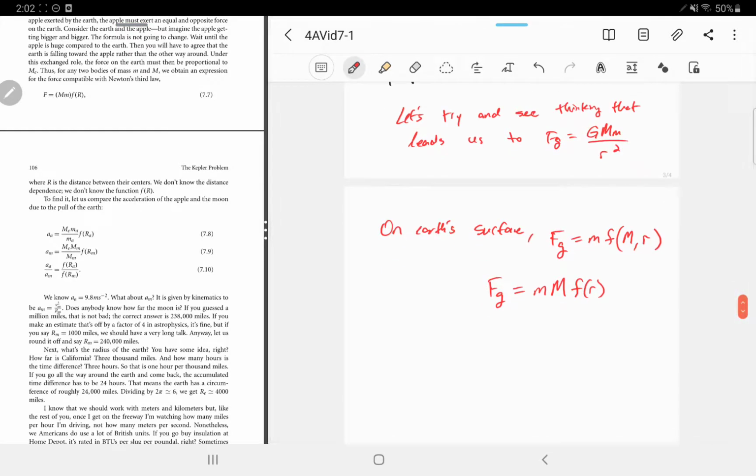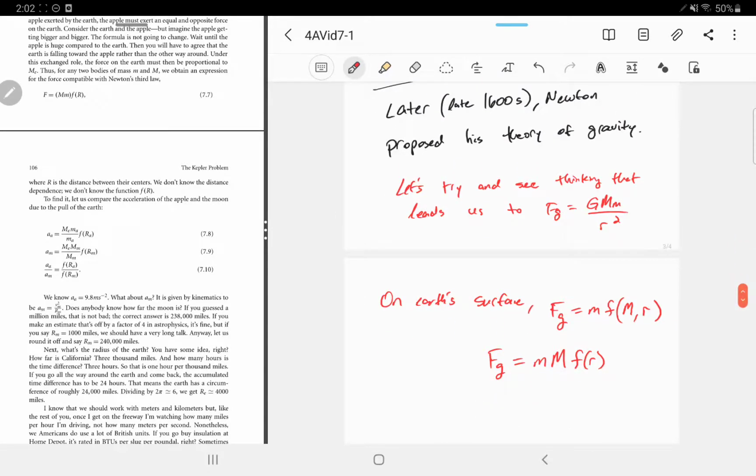Remember, there was a homework problem that said that as long as this force is proportional to 1 over r squared, so this thing has to be 1 divided by r squared, then the moon has exactly the right acceleration.